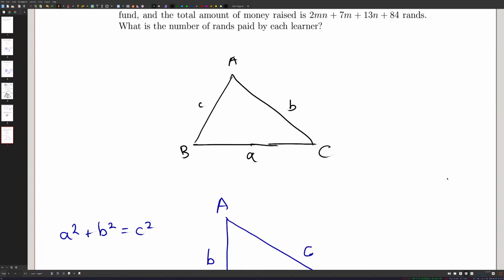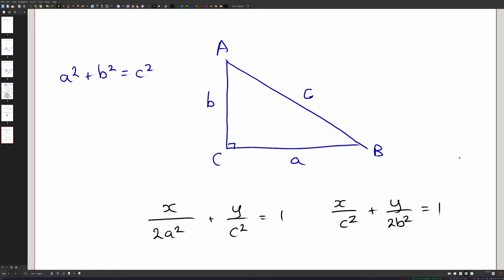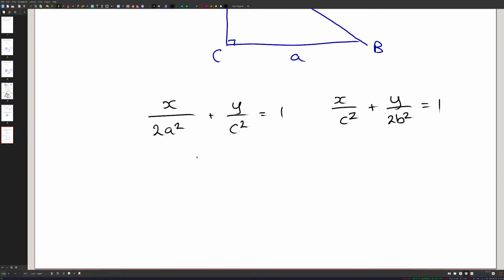And I want to know what is x plus y if c is 3. So the only important thing is the Pythagoras relationship over there, so that we know that a squared plus b squared equals c squared. And our goal is to calculate x plus y.